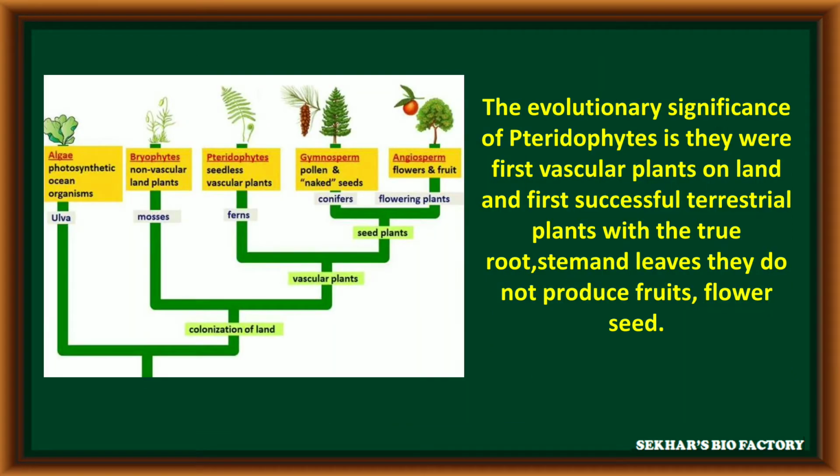The evolutionary significance of pteridophytes is that they were the first vascular plants on land and the first successful plants with true root, stem and leaves, but they do not bear fruits, flowers and seeds.